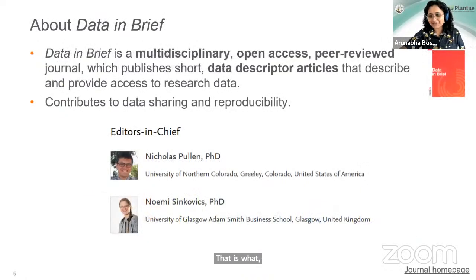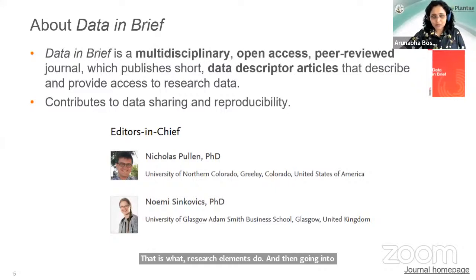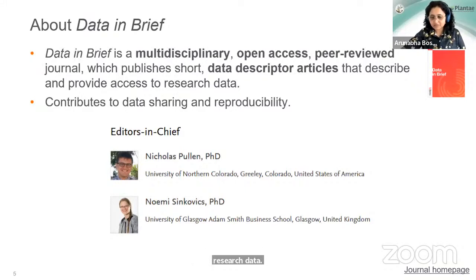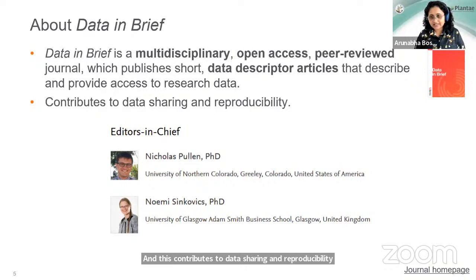And then going into the journal that I work with, which is Data in Brief. Data in Brief is a multidisciplinary open access peer-reviewed journal, which publishes short data descriptor articles that describe and provide access to research data. And this contributes to data sharing and reproducibility. What we require is that you upload your data onto a repository, and then you write a data article describing the data.